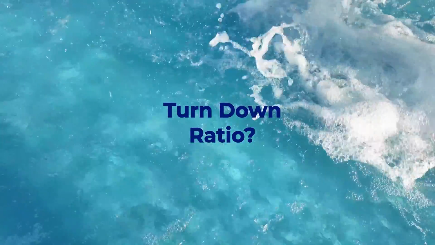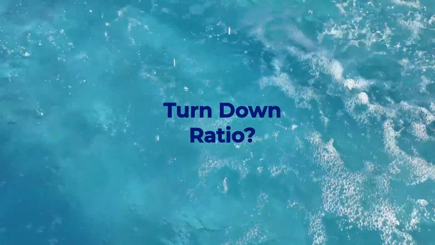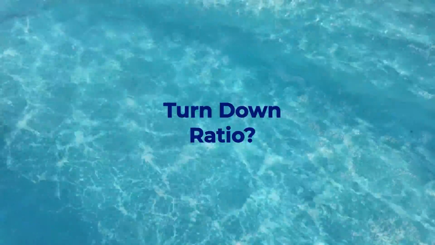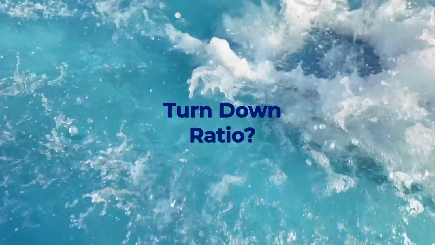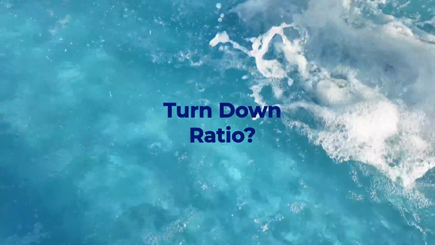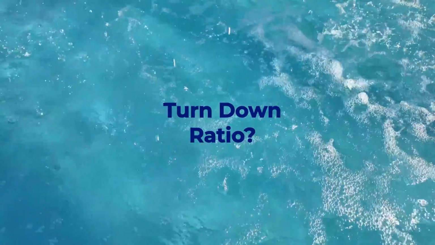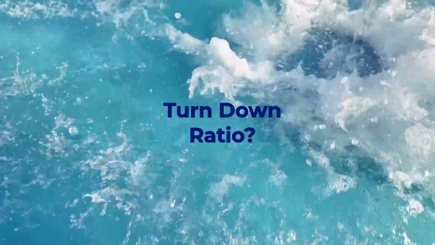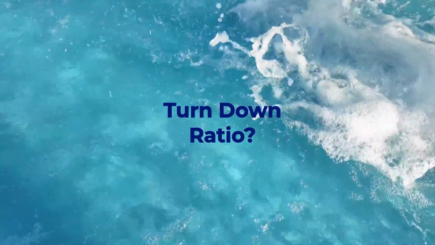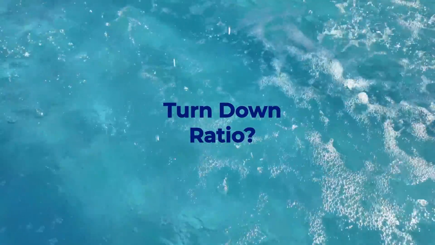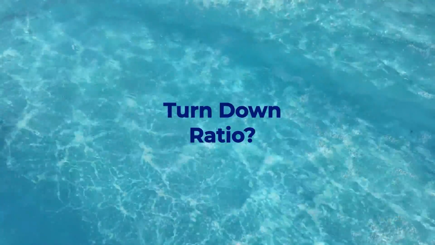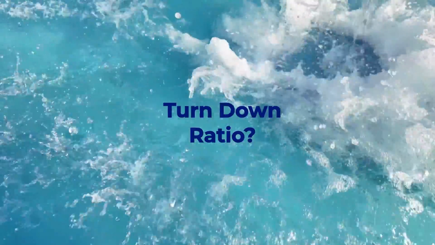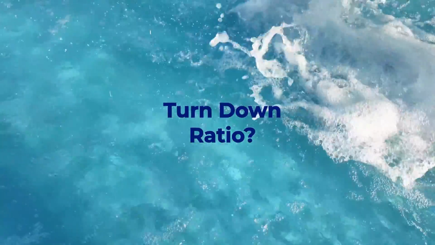So that has a 10-to-1 turn down. Vortex meters, though, could be as high as 20 to 30-to-1 turn down. Again, that's from the meter's maximum capability down to the minimum. Coriolis and mags could be in the range of 100-to-1. So again, the turn down is from the meter's maximum capability to the minimum capability.